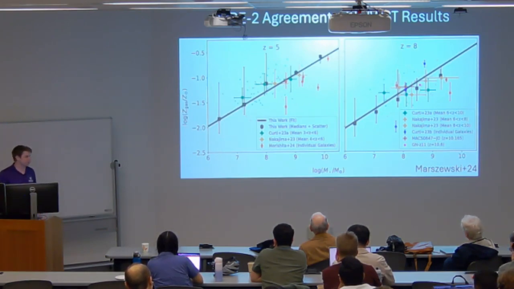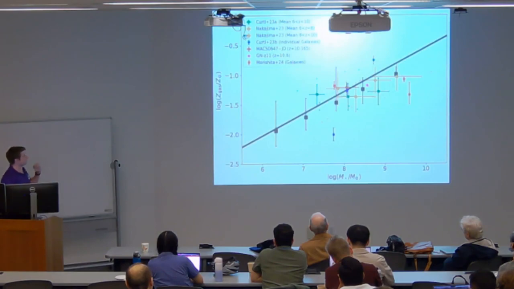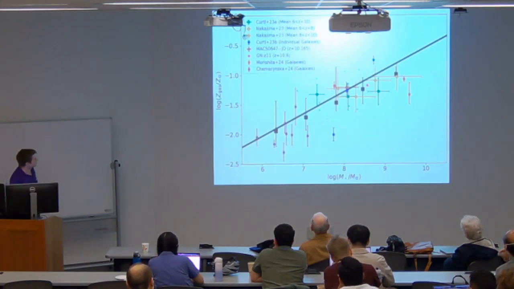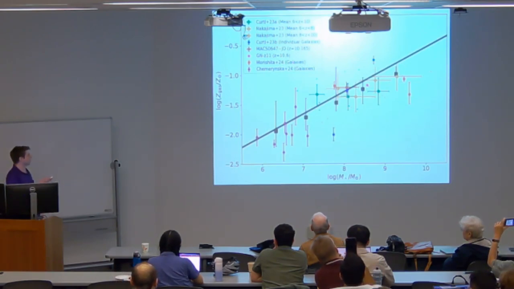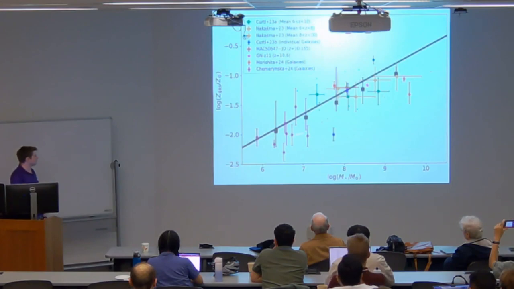But to demonstrate the really rapidly evolving nature of this field and why it's so exciting, let's just take a look at the redshift 8 panel now. Just last week, this Chemerinska et al. paper came out on the arXiv, where for the first time they sampled at this very high redshift regime the low stellar mass end of the MZR, and this is what their sample looks like.